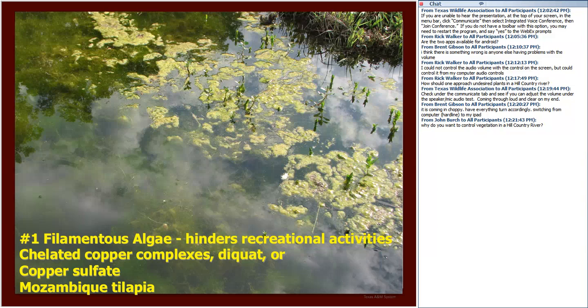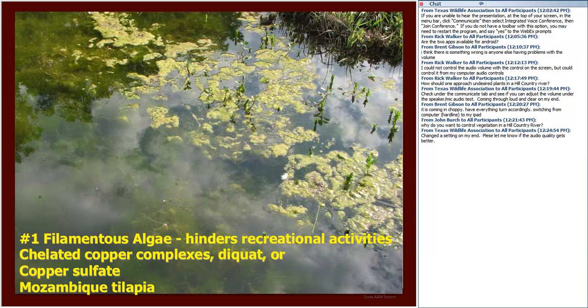The reason is that these two different herbicides have different modes of action, and their combined effect is much greater than either one on its own. It's such a good combination that diquat comes specifically labeled for mixture with copper sulfate or chelated copper complexes. There are directions right on the label.